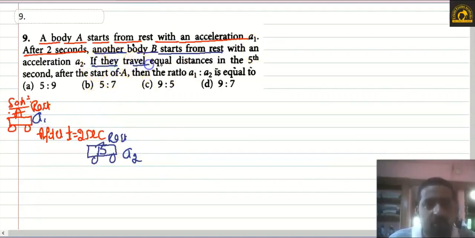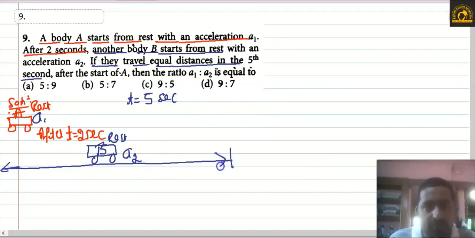If they travel equal distances in the 5th second, both cover equal distance in the 5th second, then after the start of A, find the ratio of a1 to a2. Okay, so let's first take body A.